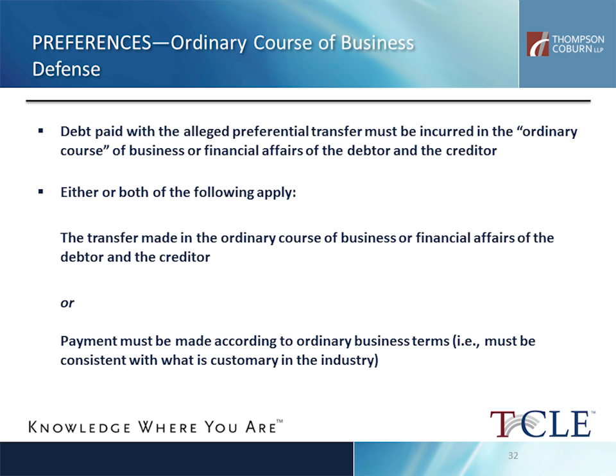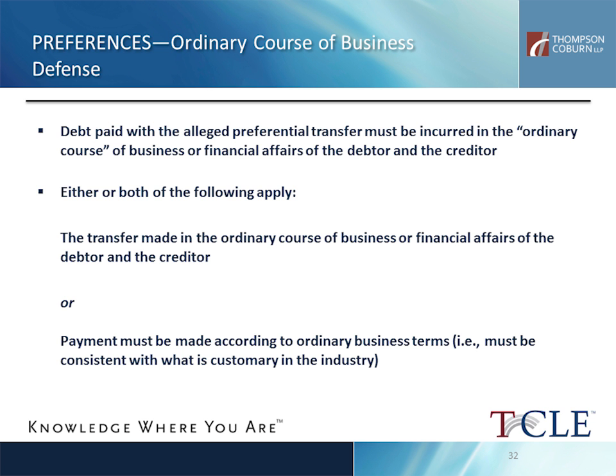And under the second prong, what you need to demonstrate is that the payments that you receive during the preference period are consistent with the payment practices in the industry, both your industry and conceivably the industry of the debtor. So you'd have to bring in evidence to demonstrate that the manner of the payment, the timing of the payment, the mode of the payment were all consistent with how the general practice is in the respective industries of the parties.